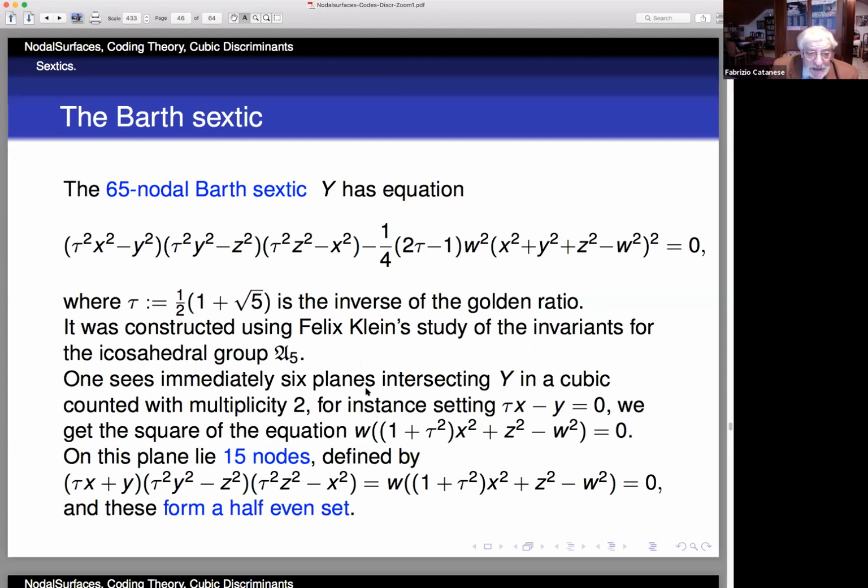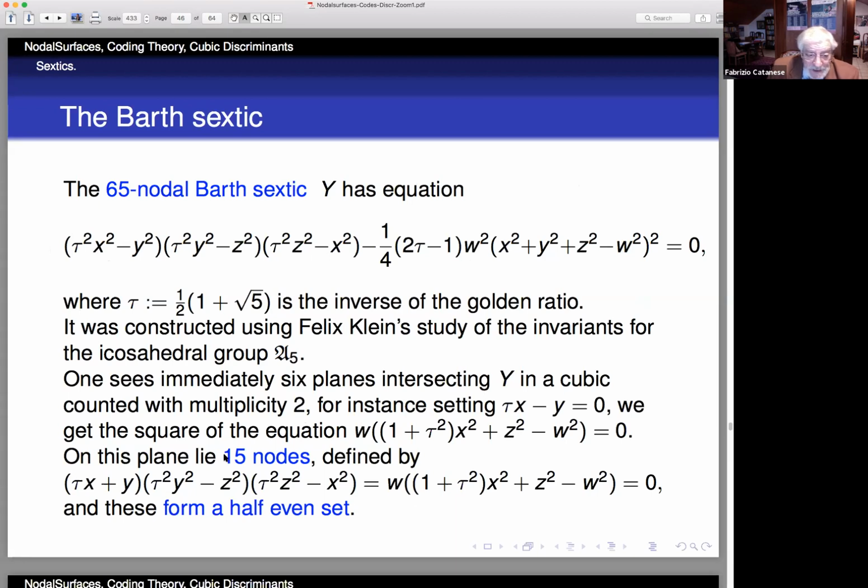You see immediately that there are 6 planes intersecting the sextic in a cubic counted with multiplicity 2. For instance, here you take tau x minus y equals 0. So here you have 2 linear forms, 2 linear forms, 2 linear forms. And if any of these 6 linear forms vanishes, then we get a square.